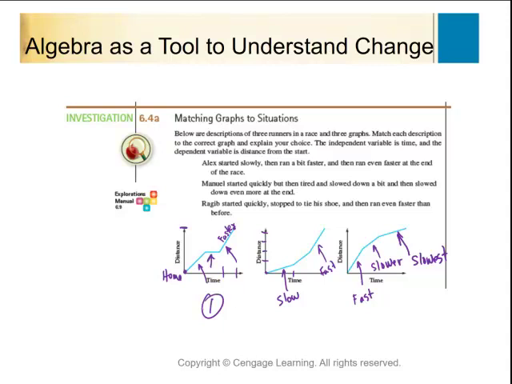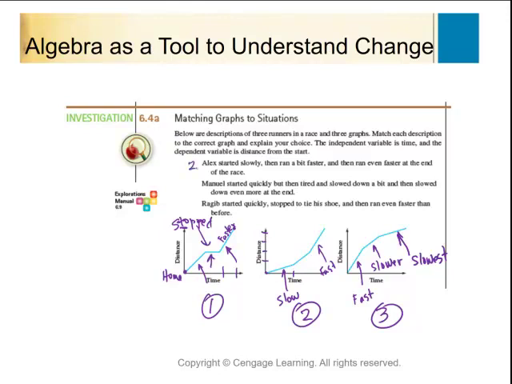So we'll call this graph 1, 2, and 3. The biggest difference in these two graphs is that right here I am stopped. So let's see if Alex stops. Alex starts slowly, so she doesn't stop, so it cannot be number 1. Let's see, starts slowly, goes faster, and then even faster.